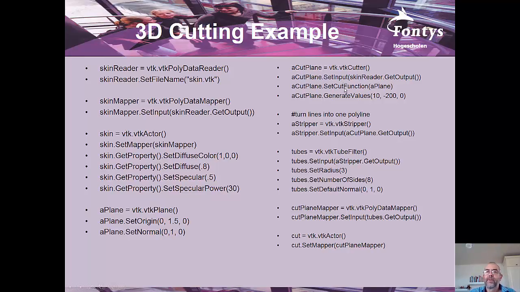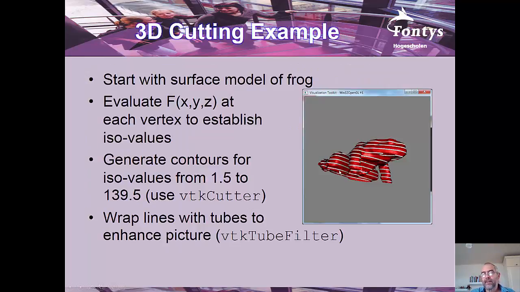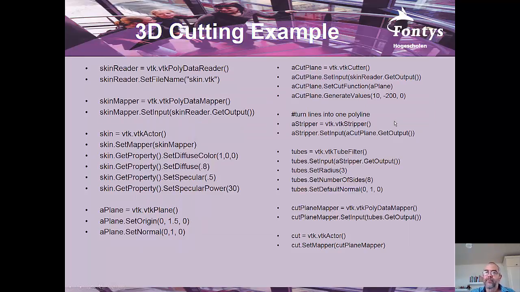And then in this case we don't want to make one single cut. You can see here there are a lot of cuts made, but we have 10 cuts which are in a range from 0 to -200.